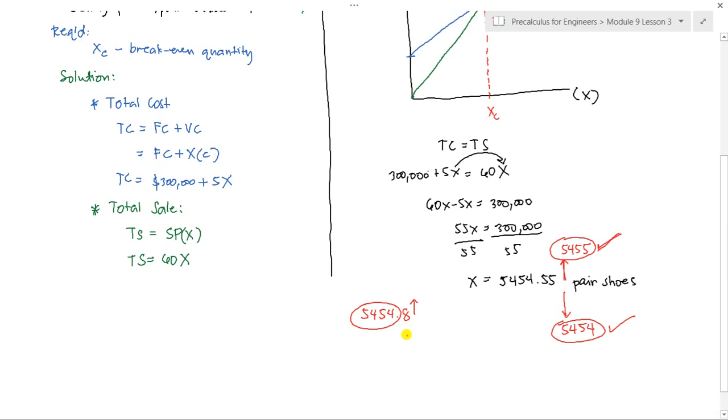So always round up when you are looking for a break even quantity.